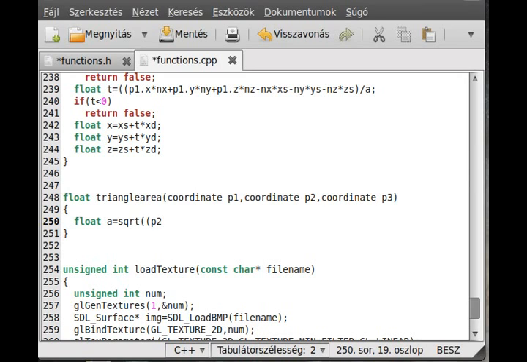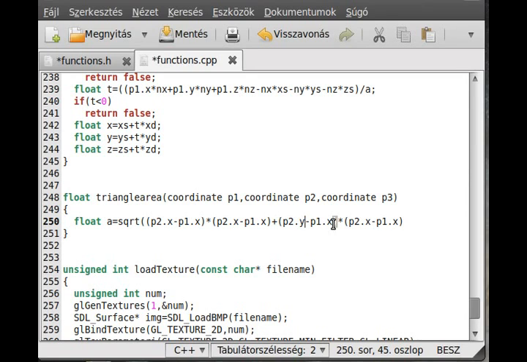So in this case, for example, p2.x minus p1.x, and I do it again, so I multiply it by p2.x minus p1.x, because we want the square of this, because that's how the Pythagoras theorem says, a squared plus b squared plus c squared, and this is all under the square root. Okay, and I add the same with the y coordinates, so I just copy it to save time.